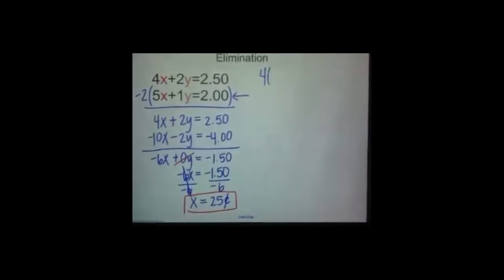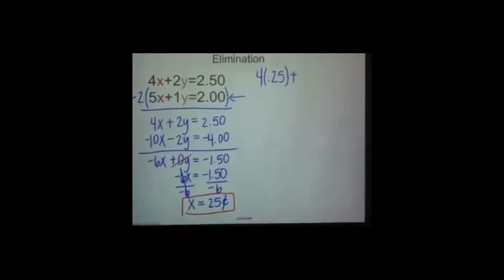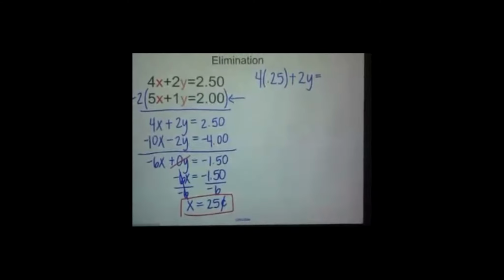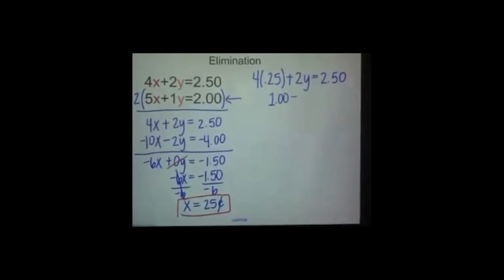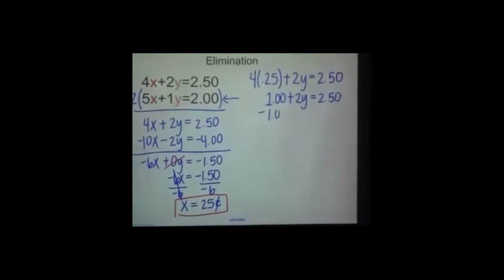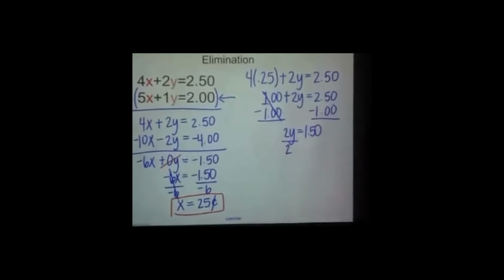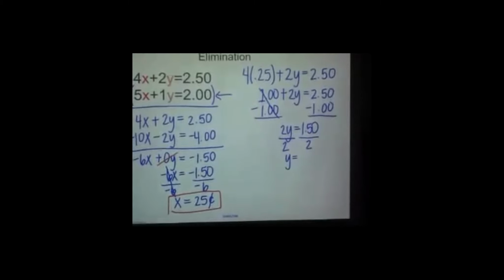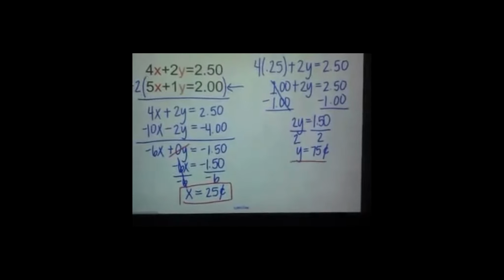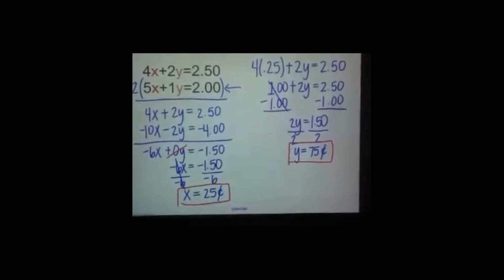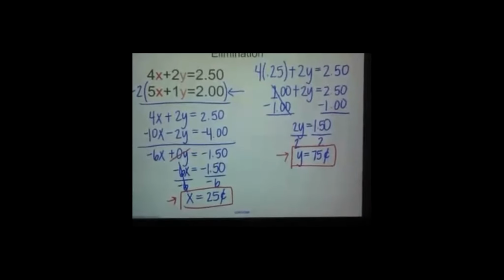We'll get 4, plug in the 0.25 for x, plus 2y equals 2.5. And we're left with y equals 75 cents. So here our apples, which are x, equal 25 cents, and our oranges, which are y, equal 75 cents.